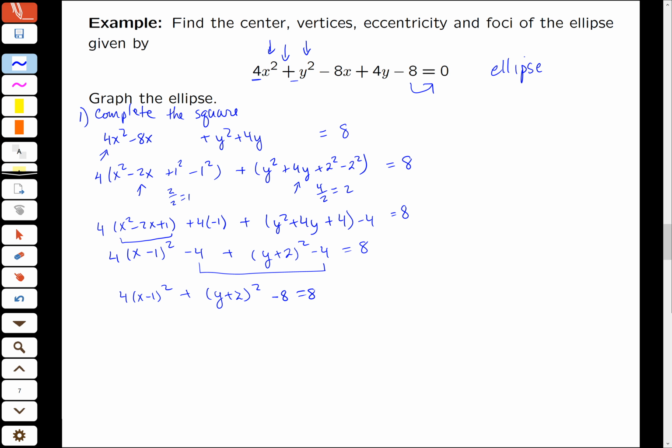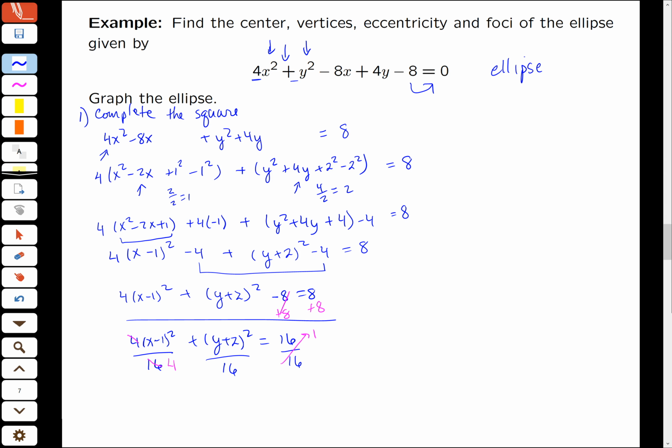I'm going to put that last. And then we're going to add that 8 to the other side. And we get 4 times (x minus 1) squared plus (y plus 2) squared is equal to, what's 8 plus 8? 16. Now I have to set it all equal to 1. So we divide everything by that 16. When I do that, I get a 1 on that side, and this 4 cancels with the 16, leaving you a 4.